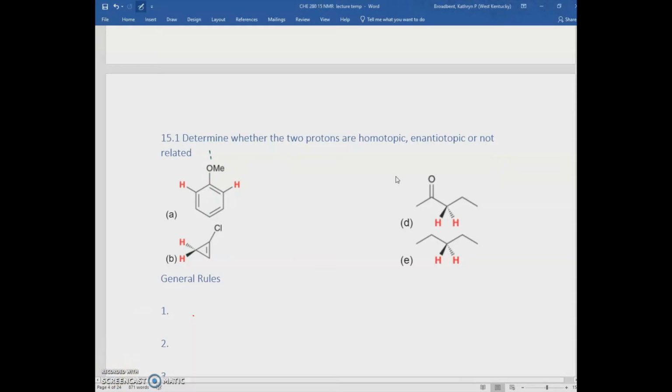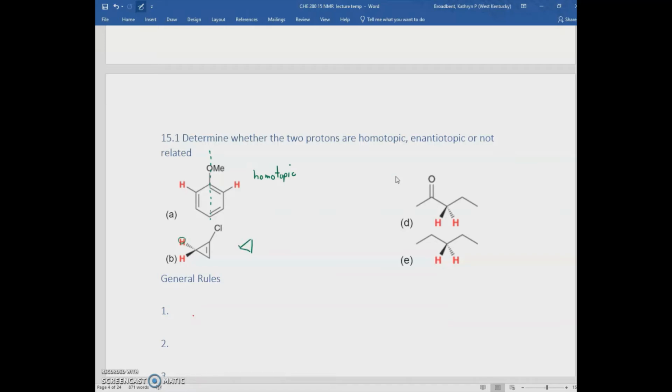Okay, here we have a plane of symmetry, and so these are going to be homotopic. Here we make two enantiomers. If we replace one of the hydrogens with a deuterium, we'll get something that looks like this.